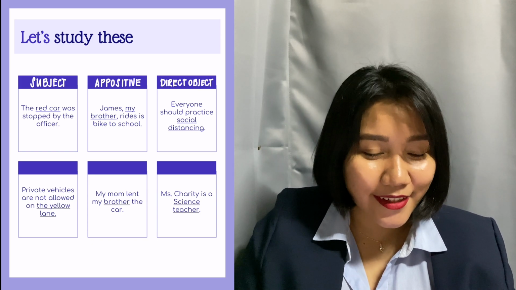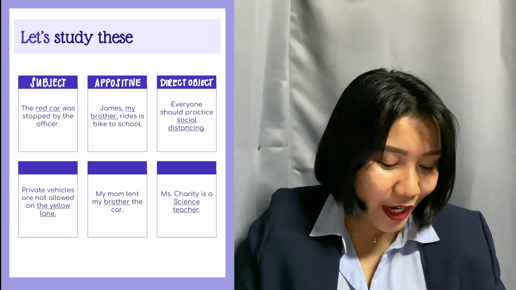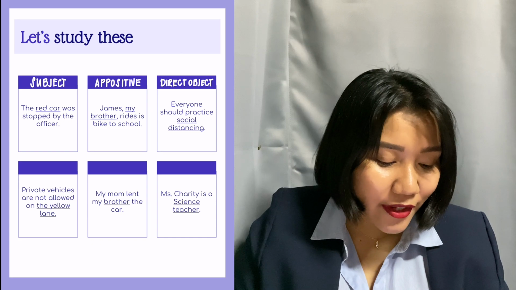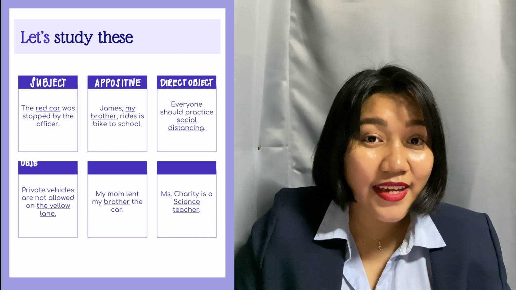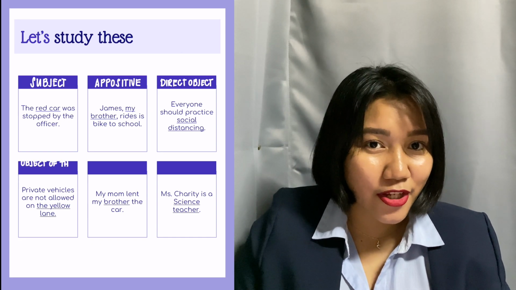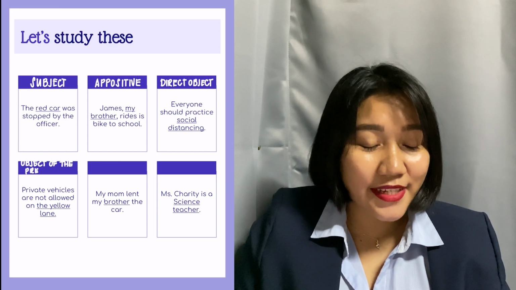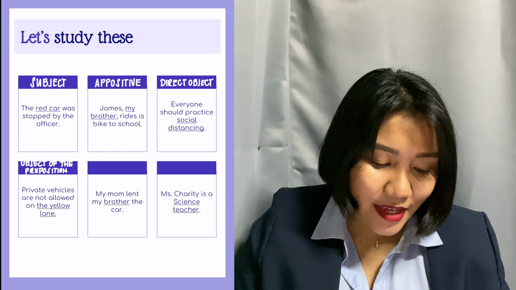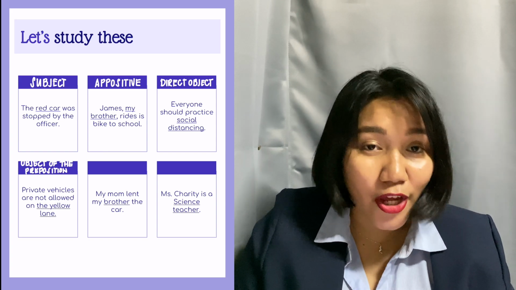Social distancing. The fourth sentence: private vehicles are not allowed on the yellow lane. The underlined noun, the yellow lane, is the object of the preposition because it follows the preposition on. The fifth sentence: my mom lent my brother the car.